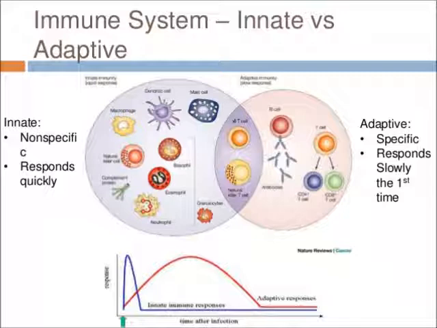So when B cells and T cells, the lymphocytes, are first activated by the pathogen, some of those will develop into memory cells. Now, for the rest of that animal's lifetime, or at least those cells' lifetime, these memory cells will remember.